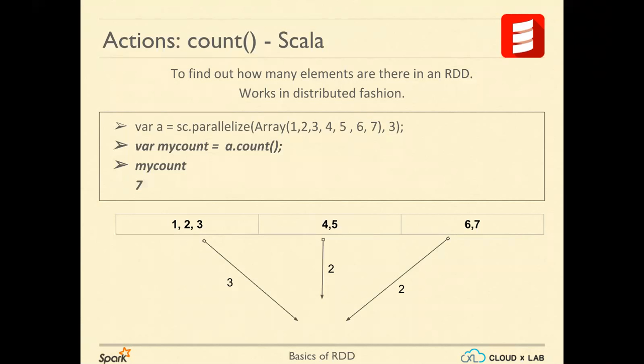So saveAsTextFile would be slightly better than collect, because collect is going to do two things. One, it brings the entire data to your local machine. Second, it's going to load it in memory. Therefore, it's slower, and it is going to overflow your local memory if the data is bigger, while saveAsTextFile will not.